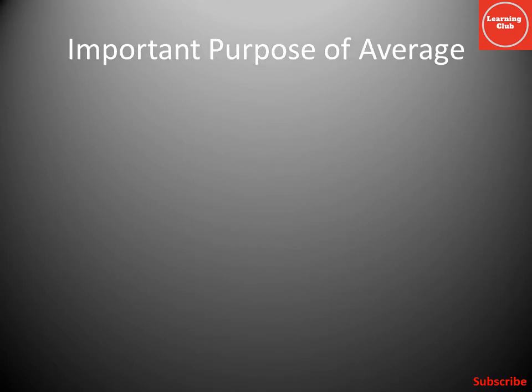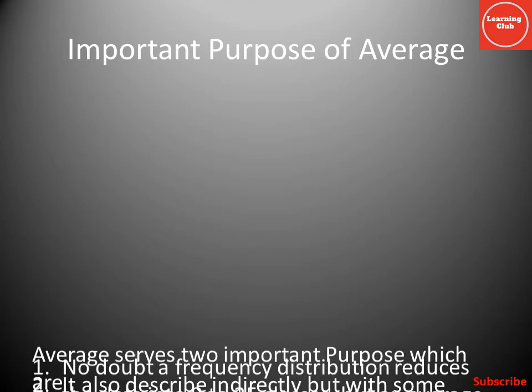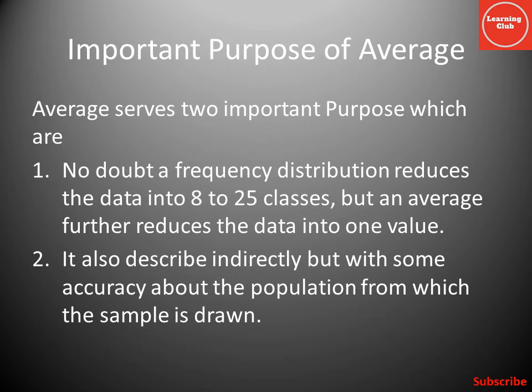So what is the important purpose of average, for which we are so keen to calculate the average as a measure of central tendency? Here the average serves two important purposes. Number one, no doubt a frequency distribution reduces the data into 8 to 25 classes, but an average further reduces the data into one value.